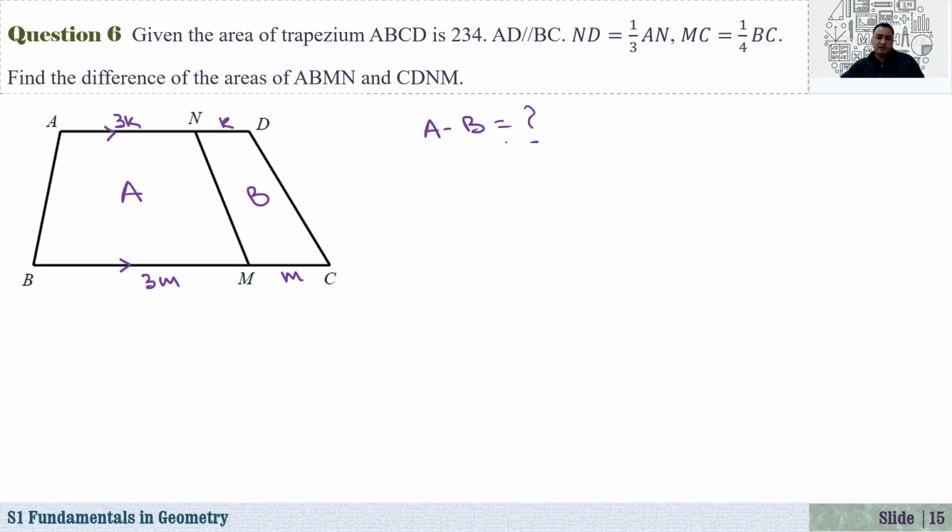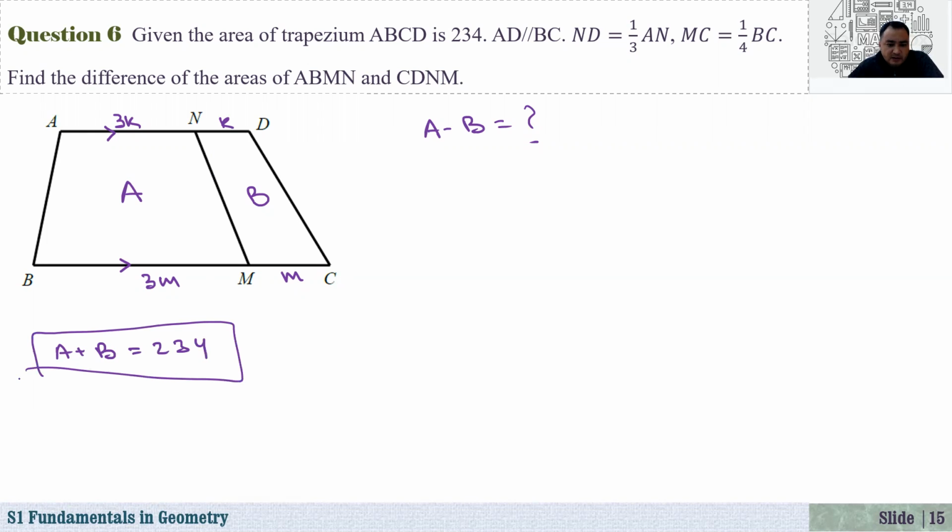And from the figure we can see that capital A is greater than B, so we're going to find A minus B. The area of the trapezium is given. A plus B is given, that's equal to 234. This is given information. Let's say it's our first step.